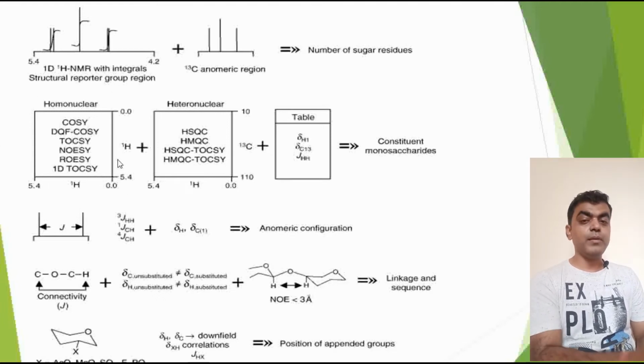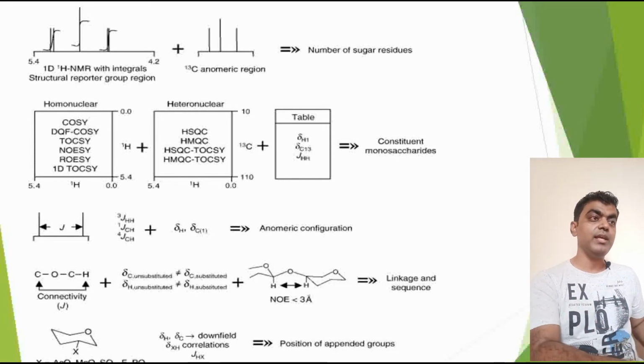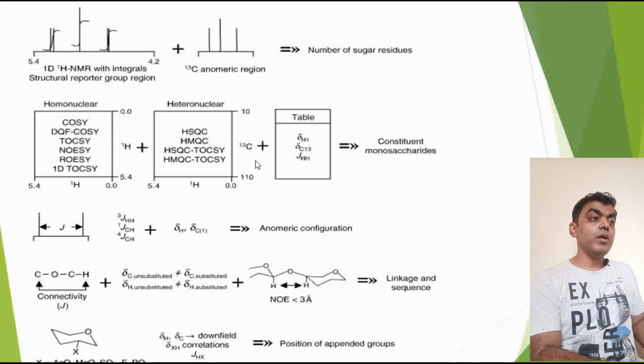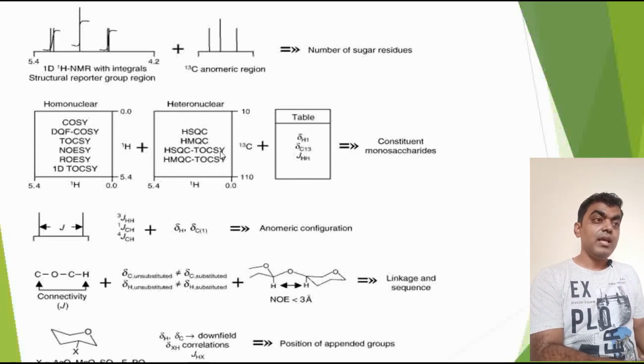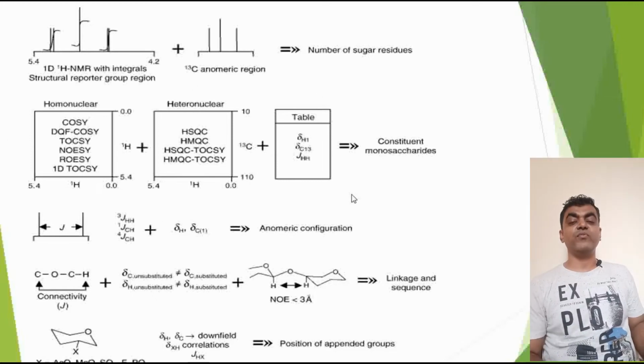So why is it homonuclear? Because this is a 2D experiment, but you are doing it for proton only. Then comes the heteronuclear, where you are doing HMQC, HSQC, and HMBC correlated with the TOCSY.